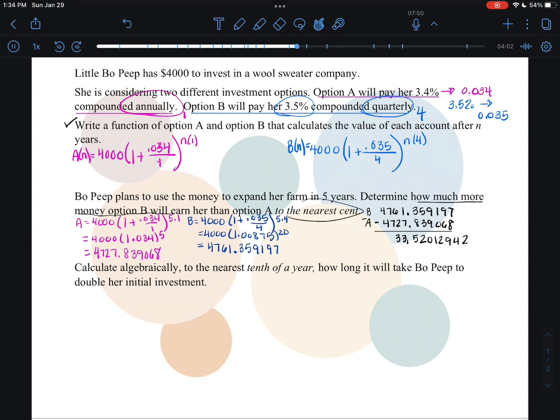But it's asked me to the nearest cent, which means she's going to earn $33.52 more by keeping her money in option B.